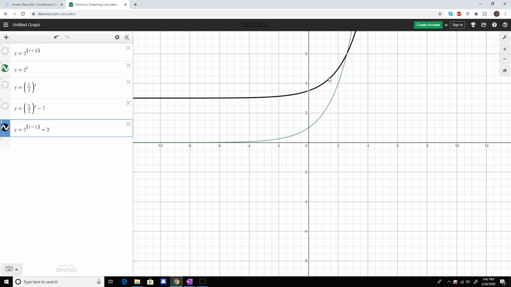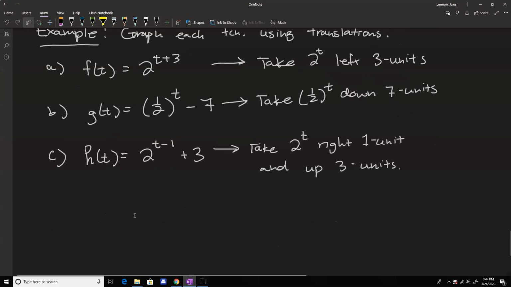So those are transformations of exponential functions. Sometimes you can look at a graph and recognize it as a transformation, and that'll allow you to recognize, say, the domain and the range. So let's state that specifically. Maybe if we look at part C, we can do a part 2 example.